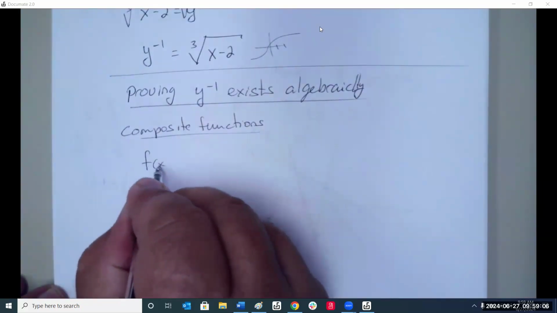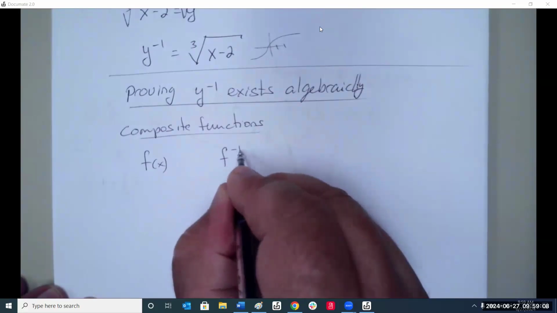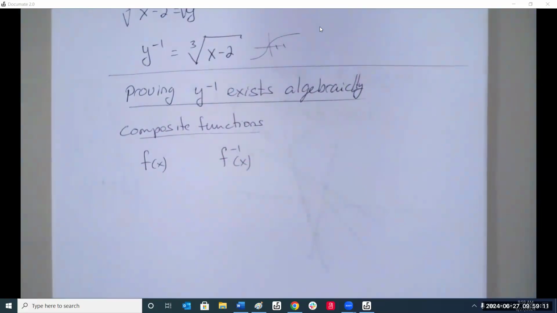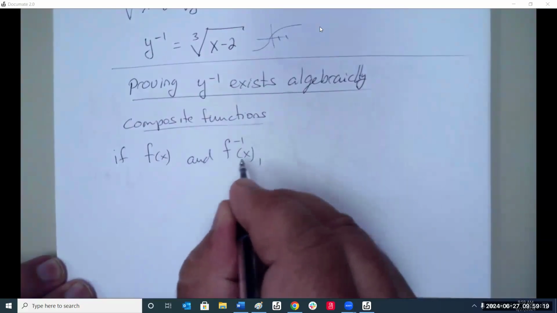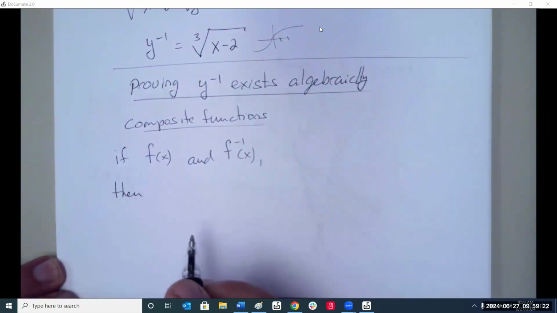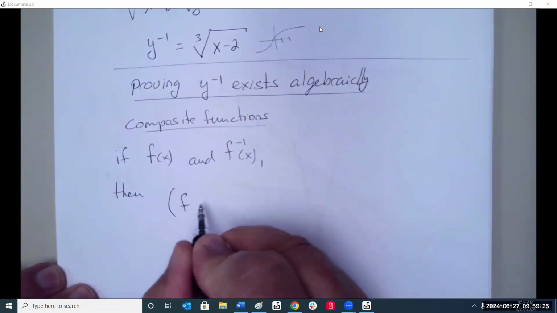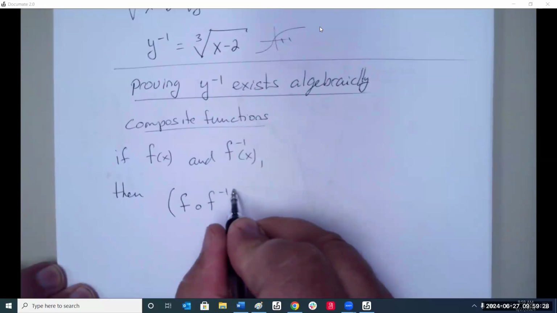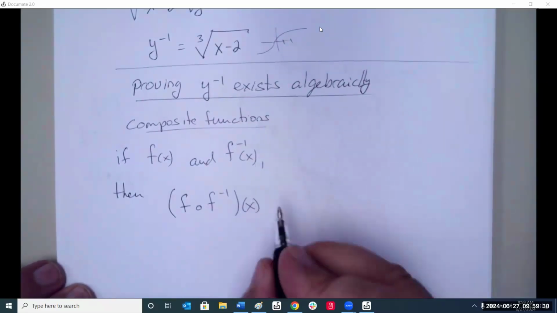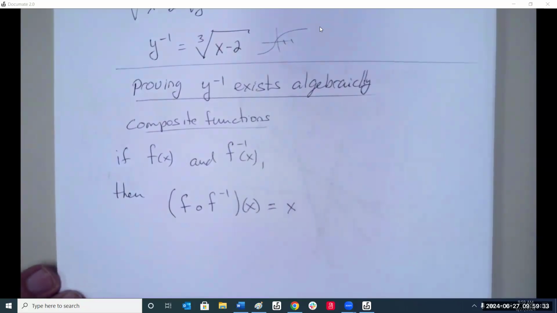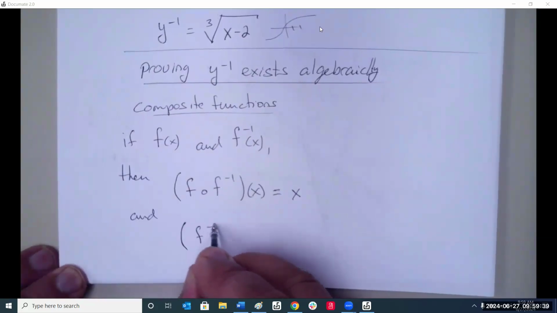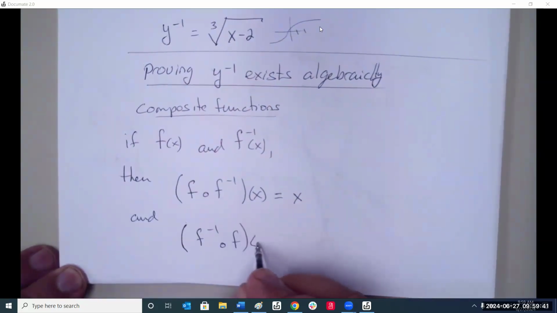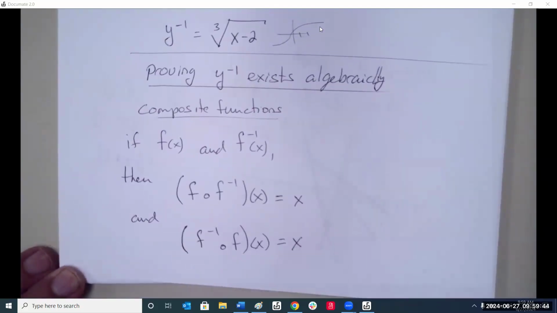So if f of x is a function and f inverse is its inverse, if it's truly its inverse, then this has to be true also. F of f inverse of x has to equal x, and the f inverse of f of x also has to equal x.